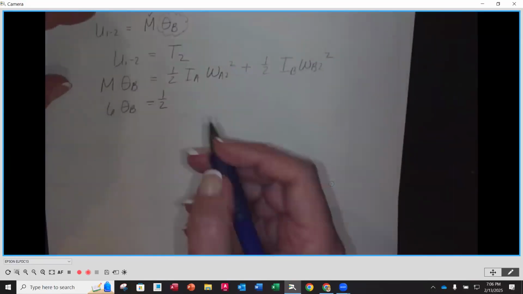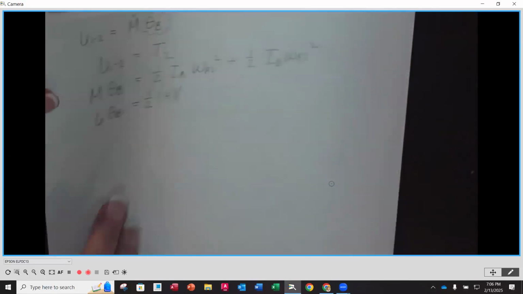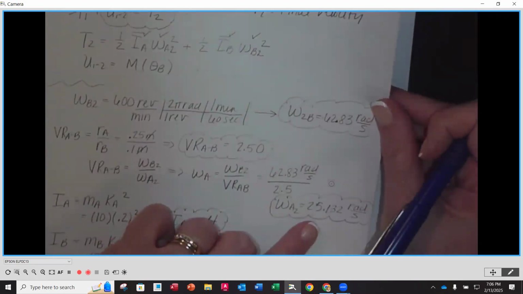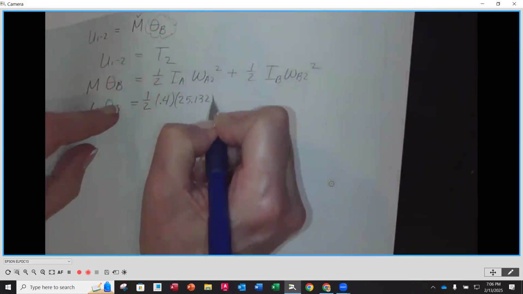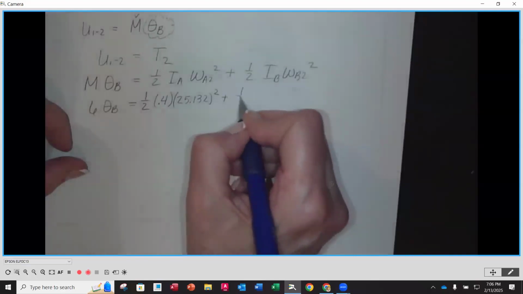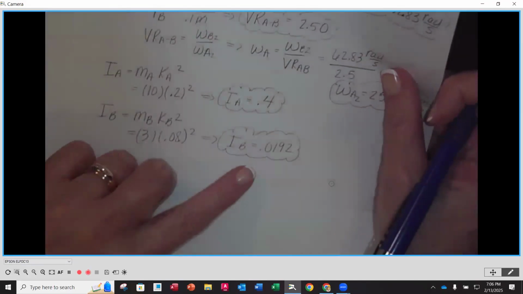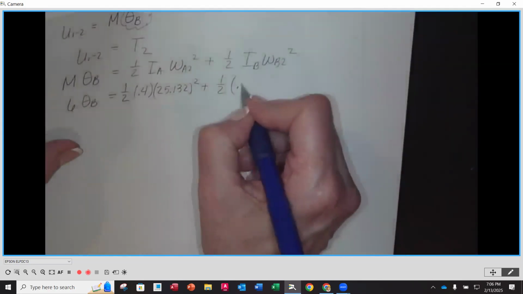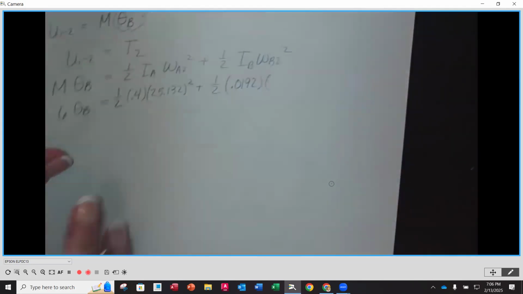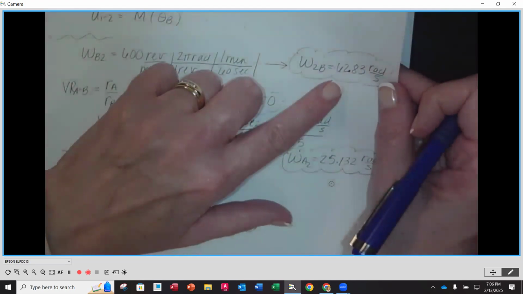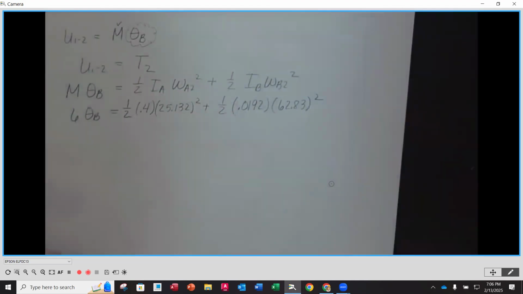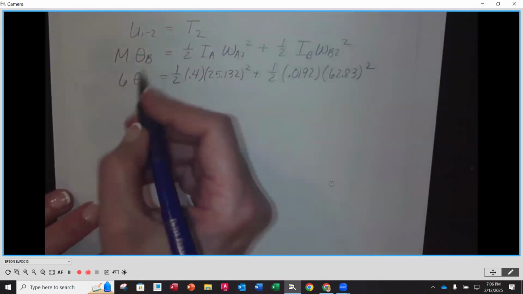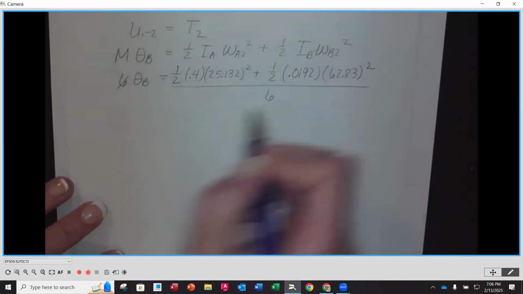So now I'm going to go back to my first page, 0.4 times WA2, 25.132. And I have to square that. Plus 1/2 times 0.0192 times WB2, 62.83 squared. Now to solve for our theta B, we're going to take all of that and divide by 6.